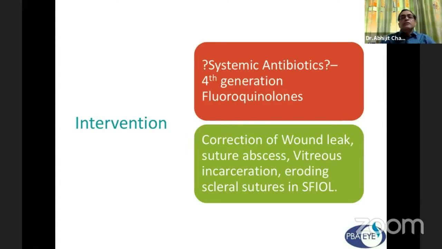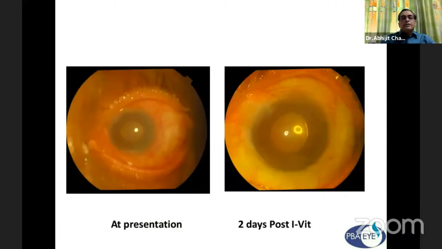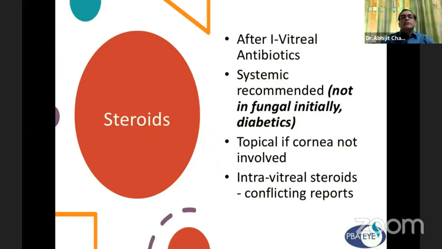Then along with it, systemic antibiotics, which is questionable, but we use 4th generation fluoroquinolones. At presentation, regarding the role of steroids with intravitreal antibiotics, along with intravitreal or systemic, there is some topic of discussion. But after intravitreal antibiotics, steroids definitely have a role to decrease the inflammation and to save the eye.